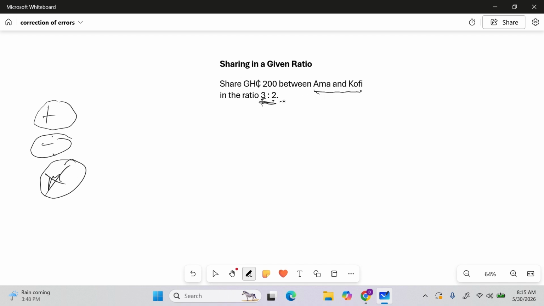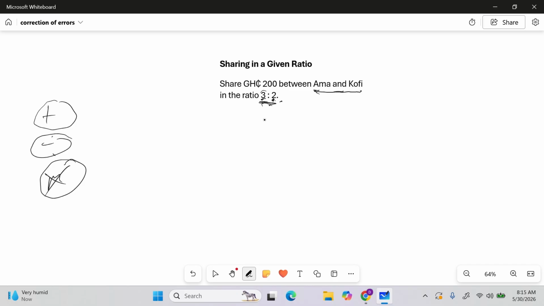The question didn't say that the 3 is for Amma and the 2 is for Kofi, but what we do is that because Amma's name comes first, and the ratio 3 comes first, we give the 3 to Amma. And because Kofi comes last, and 2 comes last, we give the 2 to Kofi. So Amma and Kofi, 3 and 2, they work together. So this 3 here is for Amma, and this 2 here is for Kofi.